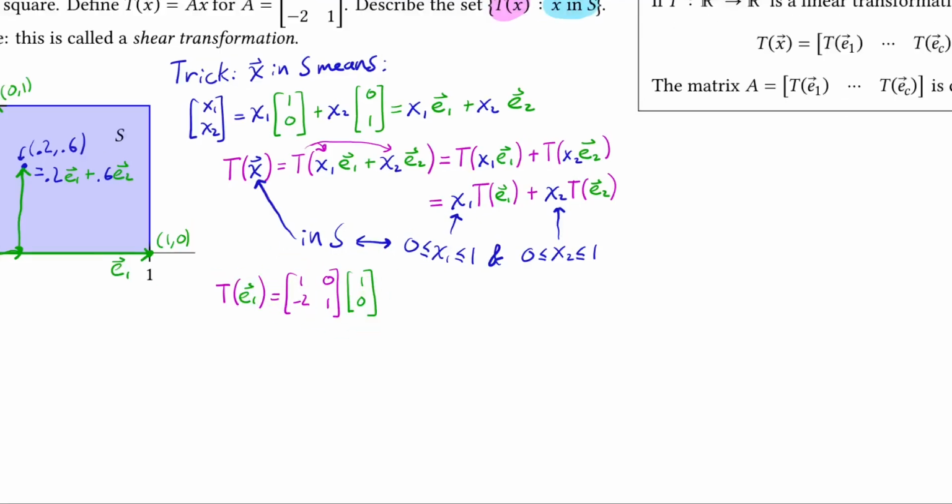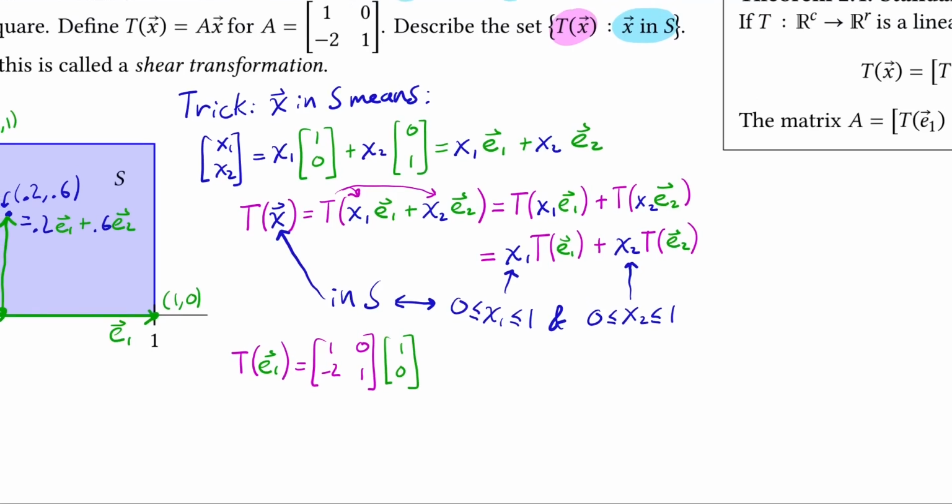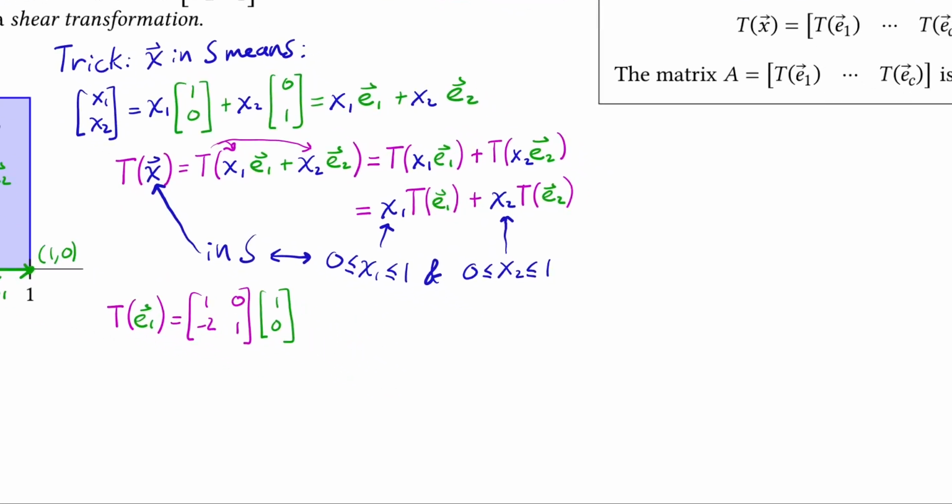So first of all, T of e1 means we're going to multiply the matrix A by e1, which is the vector 1, 0. And this, by definition, means the linear combination of the columns of A using 1 and 0 as weights. And what you get is the vector 1, negative 2.